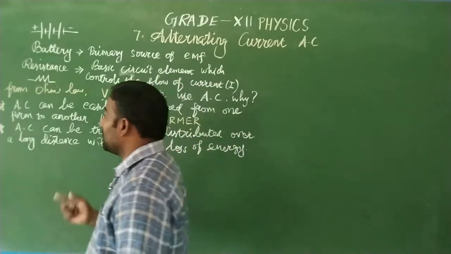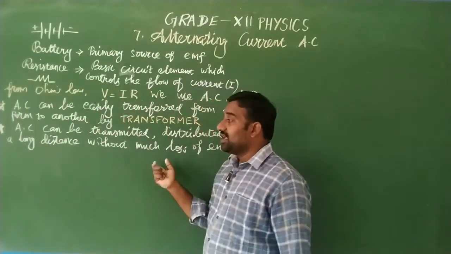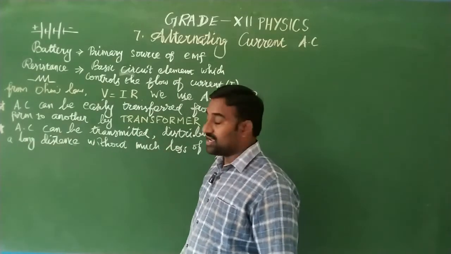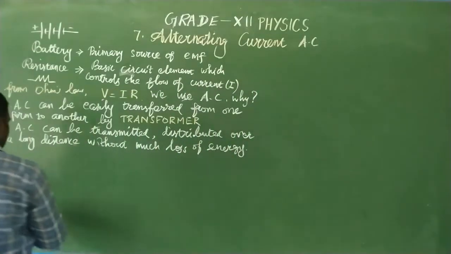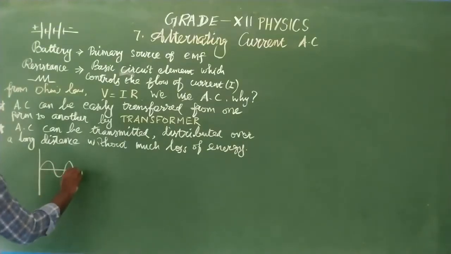Another one: the AC changes continuously and reverses the direction periodically. The next two points. See, this is AC current. AC current looks like this.